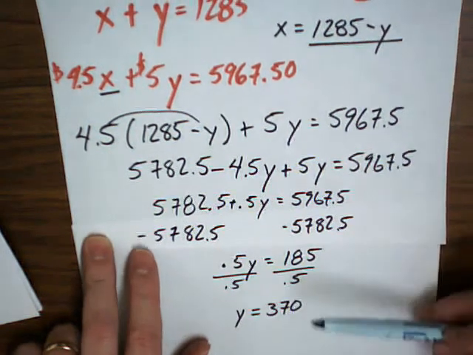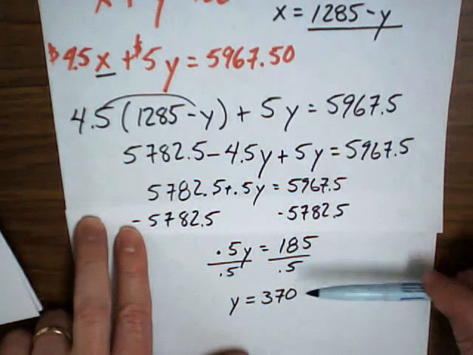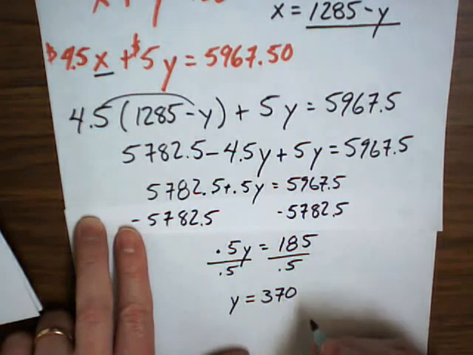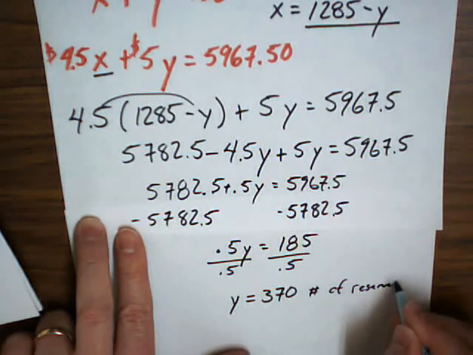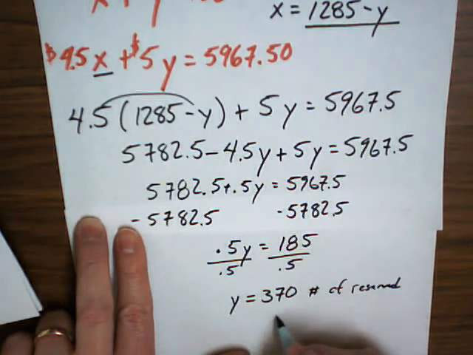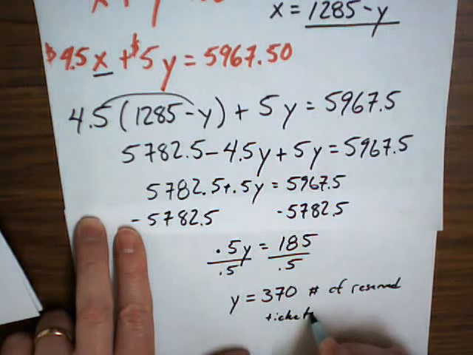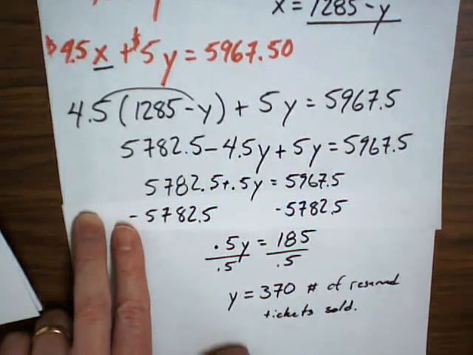Check it out. You said that Y is the number of tickets sold at $5. Y is the number of reserved tickets sold. That's what you said.